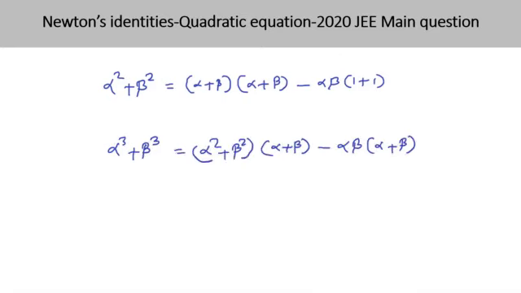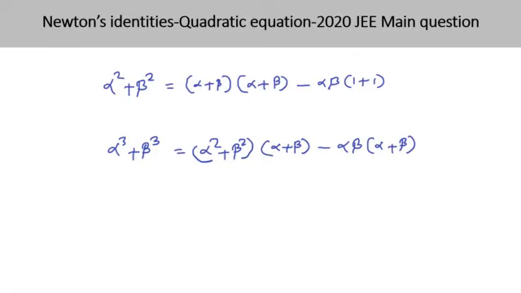And alpha cube plus beta cube, we can get by multiplying alpha square plus beta square by alpha plus beta, and when we multiply, whatever additional terms are created, which are alpha square beta and beta square alpha, we deduct.